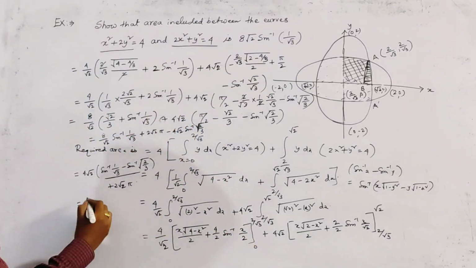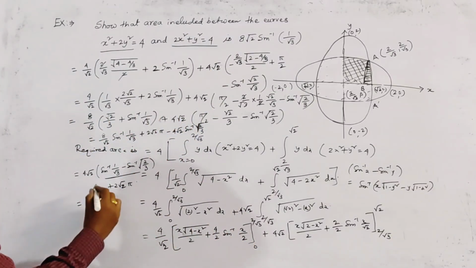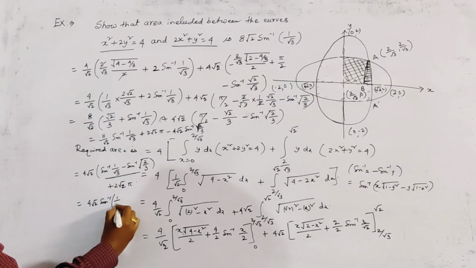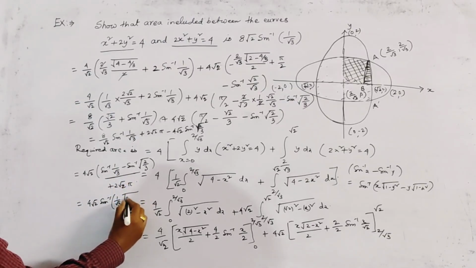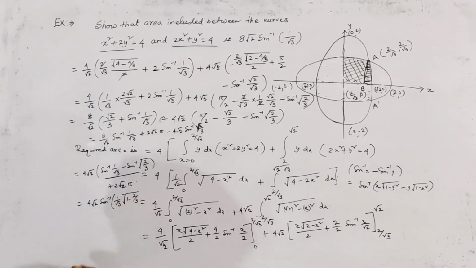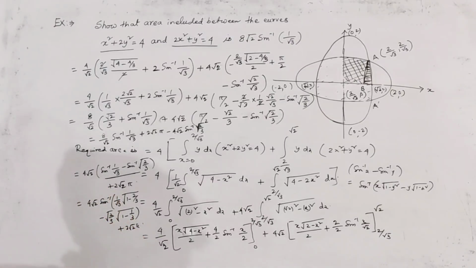We put in the formula 4 root 2 sin inverse, this is 1 by root 3 into root under 1 minus 2/3, minus root 2 by 3 into root under 1 minus 1/3. And plus 2 root 2 pi remains fixed.